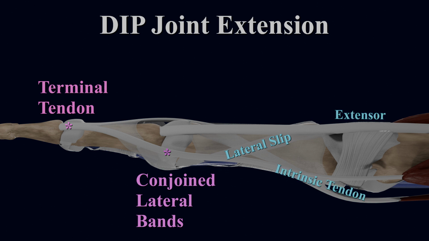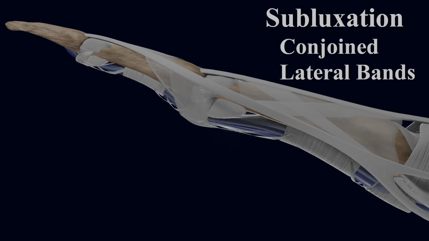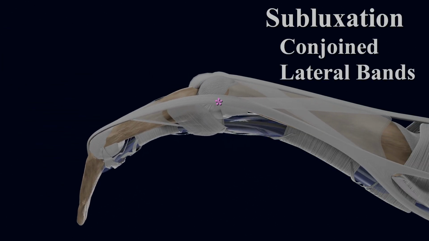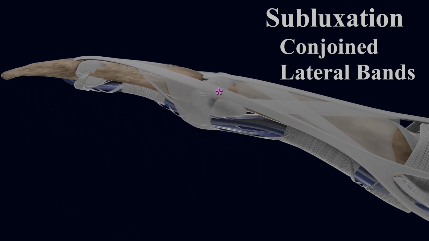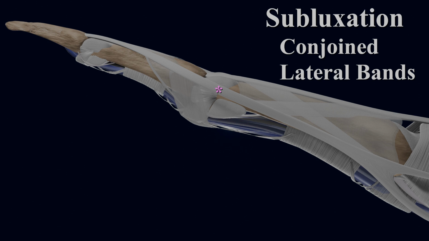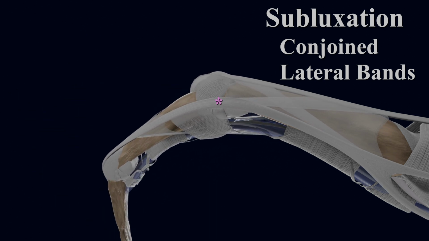Motion in the DIP joint is linked to the PIP joint through a couple of anatomical mechanisms. The conjoined lateral bands link PIP and DIP joint motion. With PIP joint flexion, these bands sublux, effectively shortening the distance between the conjoined lateral band origin and the terminal tendon distal phalanx insertion.